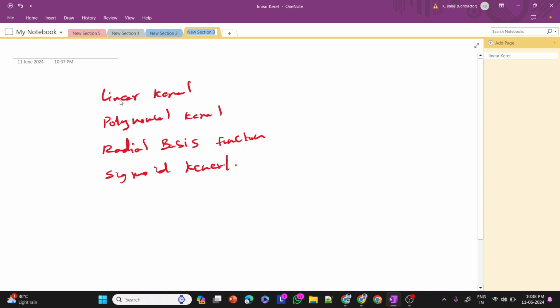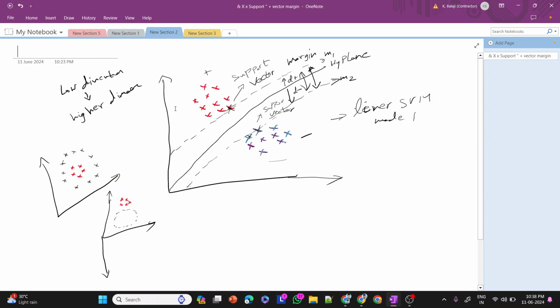The linear kernel will separate data points linearly. For this data, the kernel will linearly separate these two groups. This technique is called the linear kernel technique, and the other one is the polynomial kernel technique.